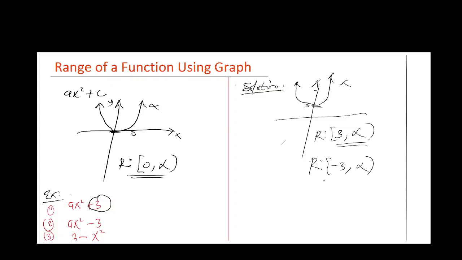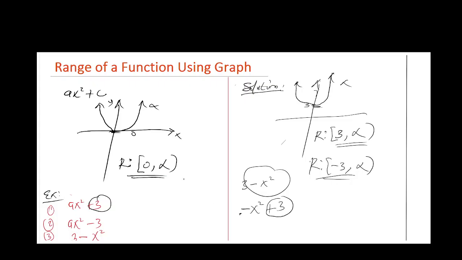Now let's try the last one, which is 3 minus x squared. If we rewrite this, we are going to have minus x squared plus 3, meaning that our y-intercept is positive 3 and the function is negative, meaning it's going to open downward.